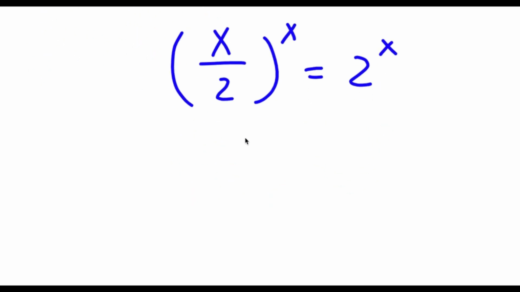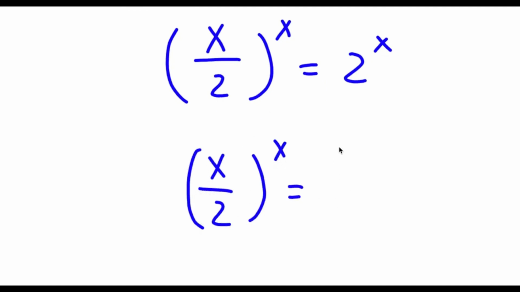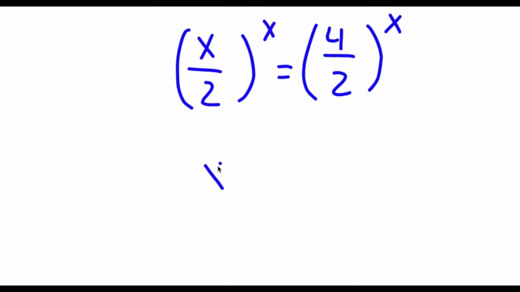Now 2, this is the same thing as 4 over 2. So now I have x over 2 to the power of x is equal to 4 over 2 to the power of x. So now I'm going to take the power of 1 over x on both sides.